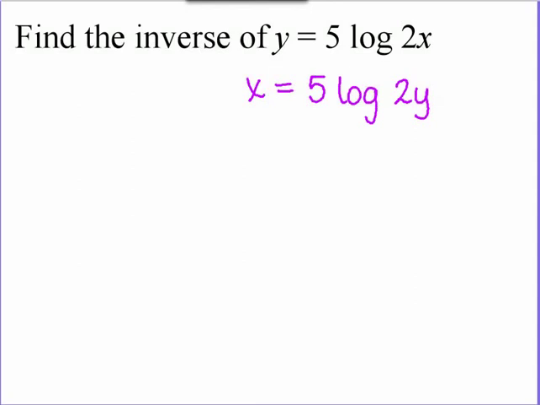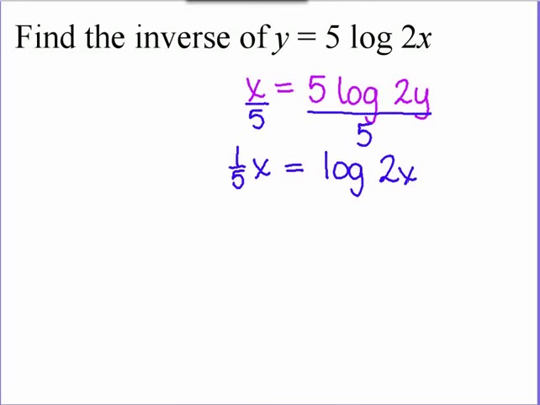So how am I going to solve for y? Divide by 5. So I end up getting 1/5 x equals log of 2y, sorry. Let's go ahead and change that. Sorry, it should be 2y. Now, what undoes log?